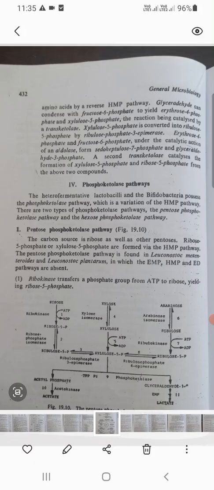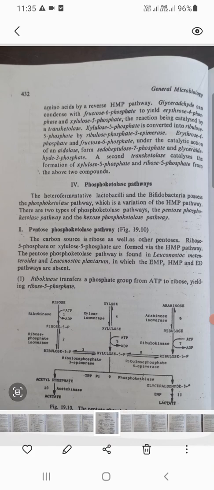Xylulose 5 phosphate splits into acetyl phosphate and glyceraldehyde 3 phosphate, of which acetyl phosphate gives you acetate by the acetokinase enzyme, and glyceraldehyde 3 phosphate goes to the EMP pathway producing lactate finally, that is lactic acid. The splitting of xylulose 5 phosphate into acetyl phosphate and glyceraldehyde 3 phosphate is done by the phosphoketolase enzyme.